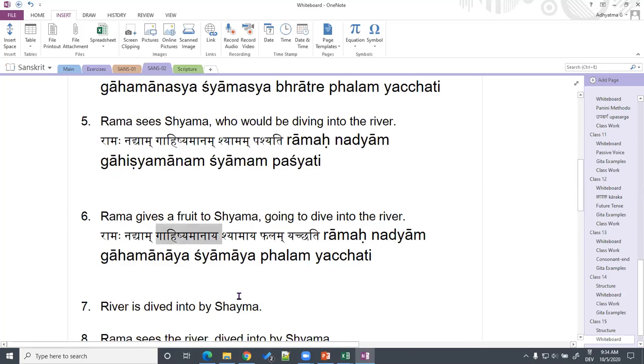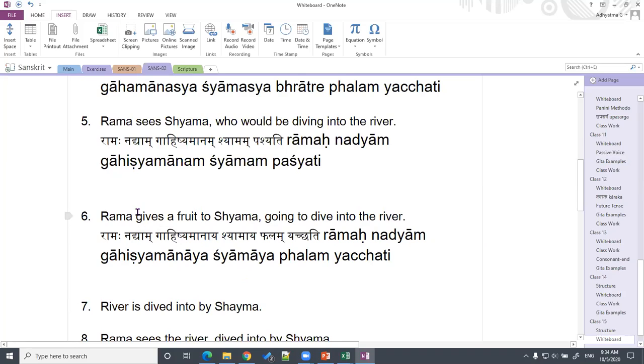Gahishyamanaya Shyamaya Phalam Yachati. Rama gives a fruit to Shyama, going to dive into the river.